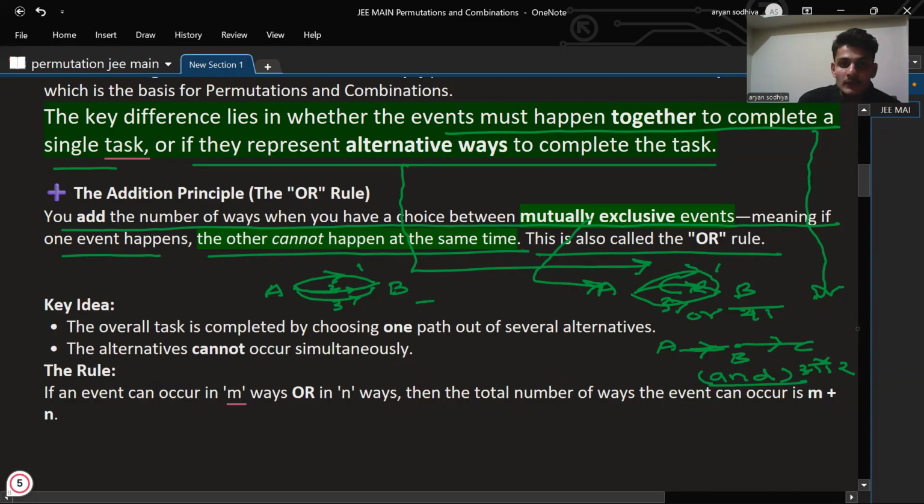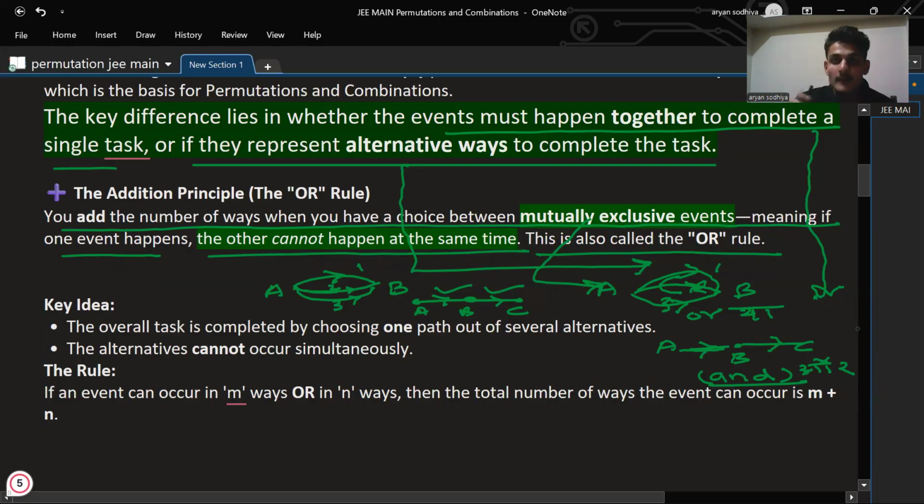Whereas non-mutually exclusive events are these. If I need to complete a task that is going from A to B to C, I need to go from this also and this also. So these are both not mutually exclusive. These both are sequential. So when there is a sequence of events, they are not mutually exclusive.